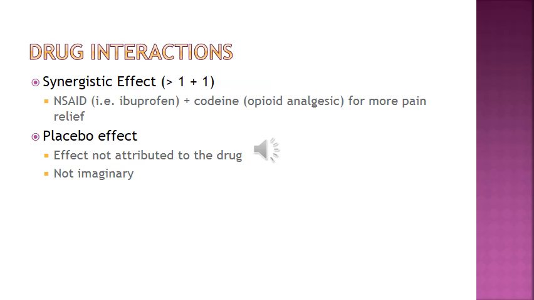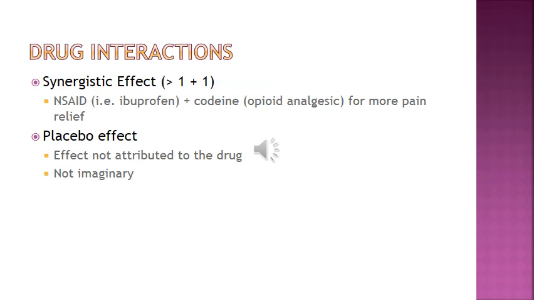The placebo effect is an effect not attributed to the drug. One thing people tend to think is that placebo is imaginary. You hear a lot of times in studies, for instance, they'll give people a sugar pill to see if a drug will really work, or is it just the fact that the person thinks they're taking something that it's having beneficial effects. The placebo effect is not imaginary; all placebo means is that the beneficial effects cannot be directly attributed to a drug.